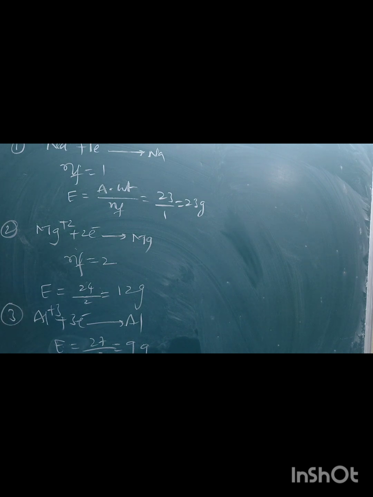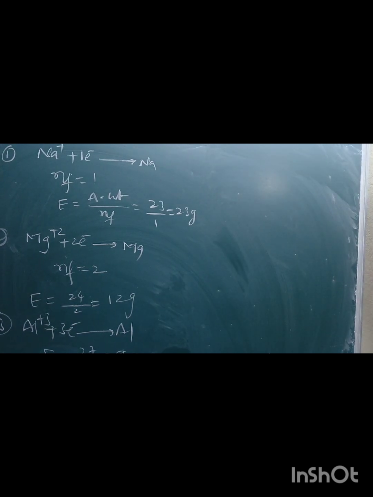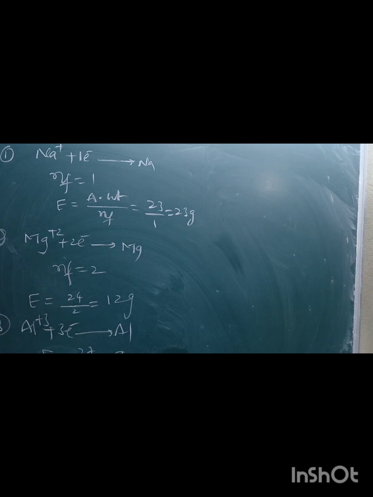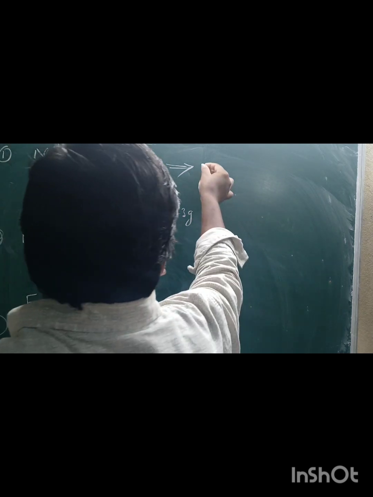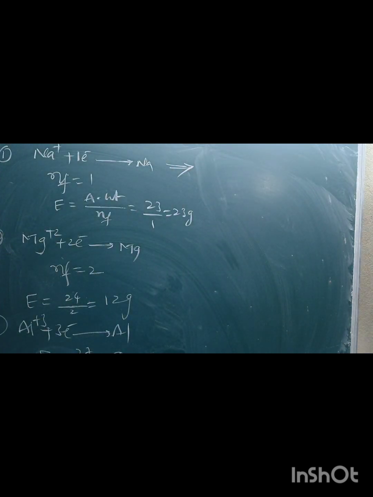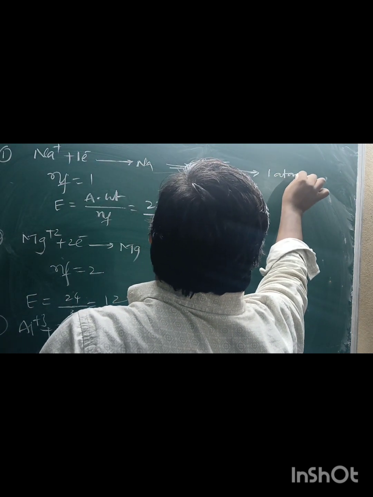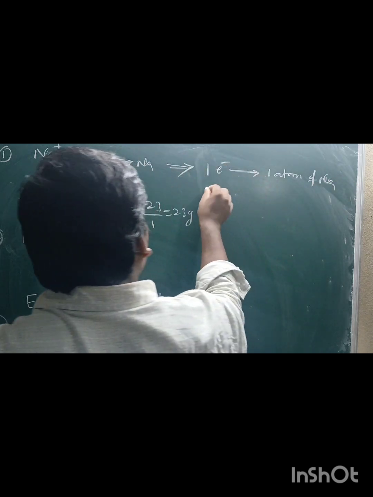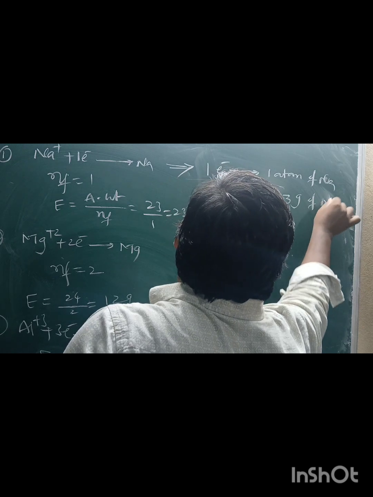In the same way, in the same reaction, Na plus ion, how many electrons? 1 electron. 1 electron is equal to 1 atom of sodium. That means 1 Faraday is equal to 23 grams of sodium.